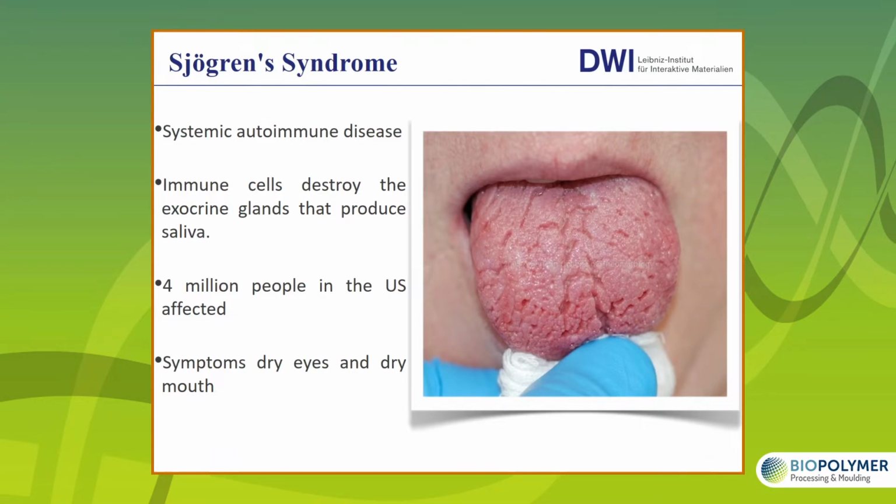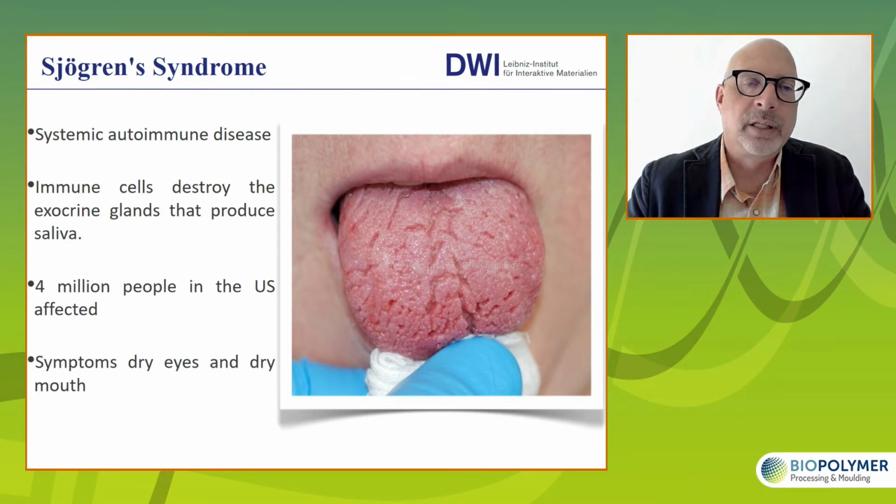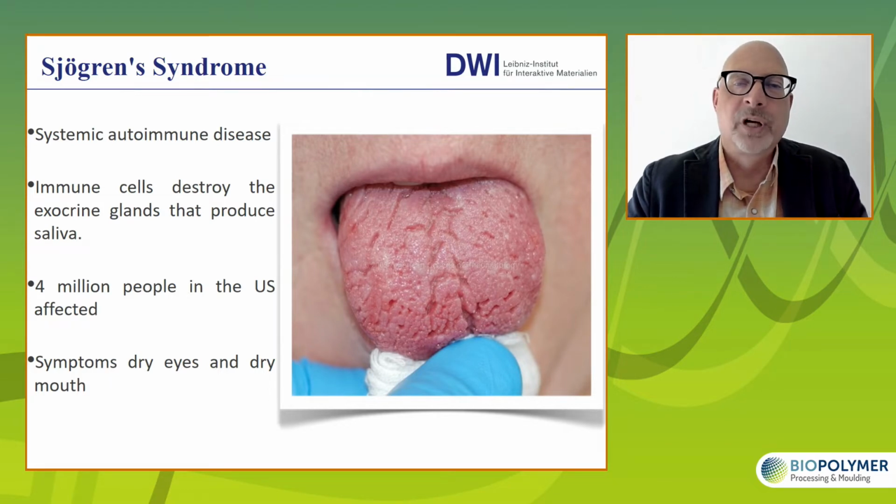In this case, the immune system attacks cells in the oral cavity that are responsible for producing saliva. A quite large fraction of the population is affected by this disease, and the symptoms are usually a dry eye and a dry mouth, and patients have a lot of problems with speaking, with mastication, and with swallowing food.